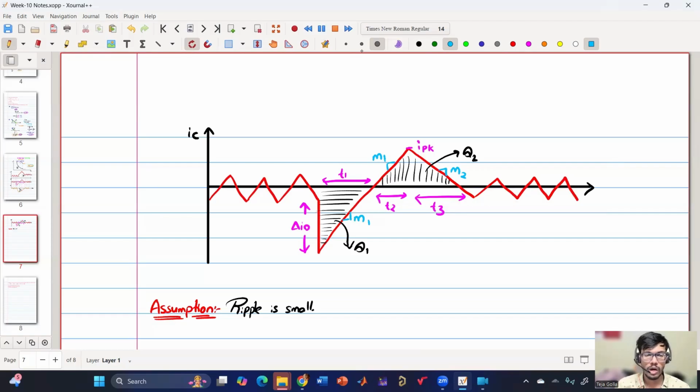Now I'm going to ask you, can you tell T1 in terms of delta I naught as well as M1? Ripple is small, so you can neglect it and consider it to be a triangle.